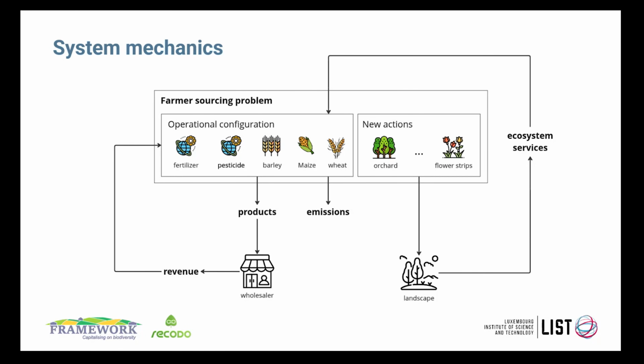Now, the important thing about the actions is that they affect the landscape, and at the same time, they affect some ecosystem services, such as natural predation or pollination. These have a direct effect on some technological factors, such as pesticide consumption or yield, meaning that, next one, please, we are dealing with a system in which there's a high potential of substituting technological capital with natural capital.